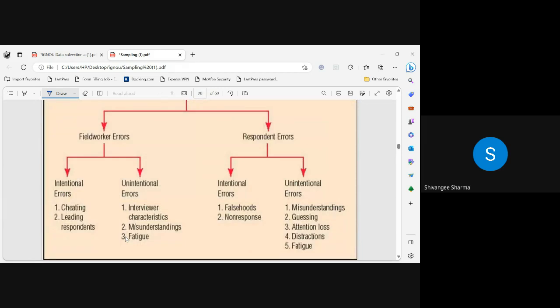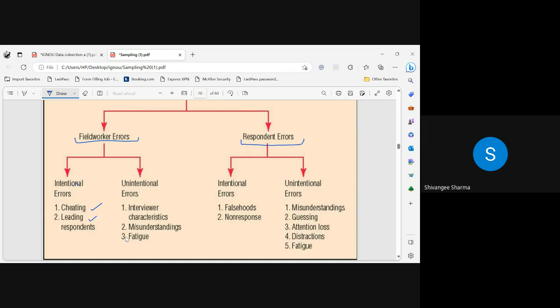Now, non-sampling errors can be divided into two parts. The one is field worker errors, you can say researcher errors, and the other one is respondent errors. They can be intentional and unintentional. Intentionally, if a field worker cheats, they just fill the questionnaire and give it to you, saying, yes, I went there and I got all the answers like that. That will be cheating.